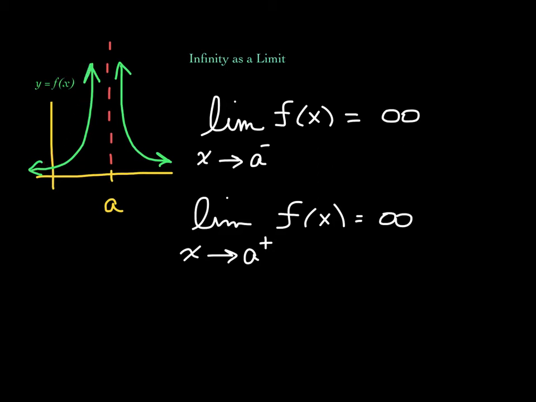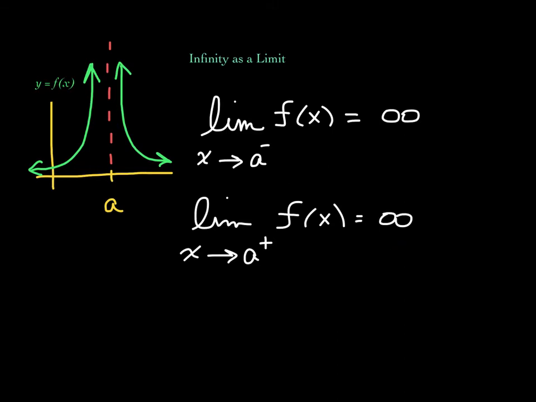The same thing happens on the right. Notice that as x values approach a from the right, the function values are growing arbitrarily large. So it's going toward infinity, so we write infinity. Now let's be very clear. The infinity symbol does not represent a real number.